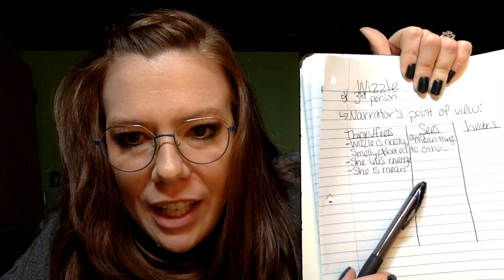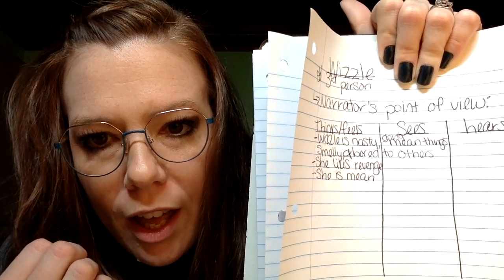She's making them do all kinds of terrible things, putting the glove on that poor guy. We also think that she gets a little impatient. It says that they kept pestering him until the witch lost patience. So the narrator feels that she is impatient. This narrator is really telling us a lot about what's going on. Okay, we're going to keep going, learning about our Wizzle.